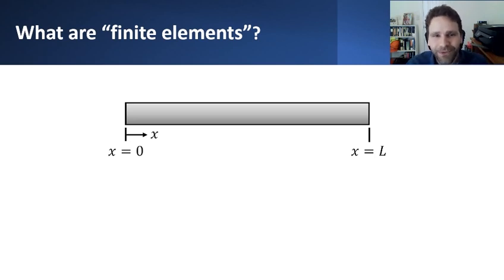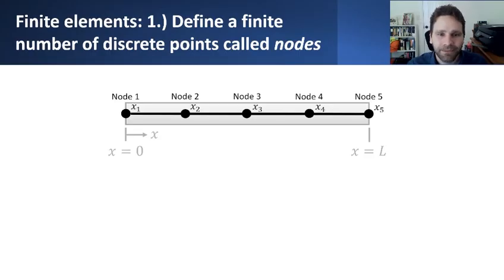So really, what do I mean by finite elements? We've discussed this earlier in the class, but the idea is this. Supposing I have some structure, it's just a uniaxial member in this case of finite length. The idea of finite elements is to first take this structure and cut it up into a finite number of subsegments. And each one of these subsegments is terminated by some discrete nodal positions.